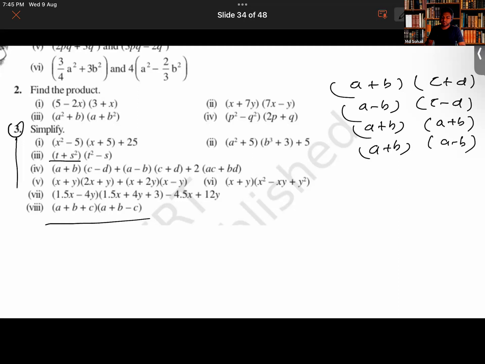Simply what happens now, the first term of the expression gets multiplied with each term of the second expression. Then again, the second term of the expression also gets multiplied with each term, and at the last we add all of them. So that is how we simplify it.